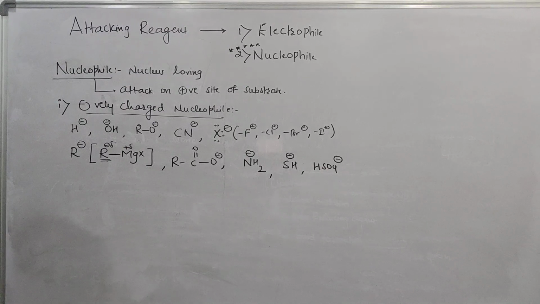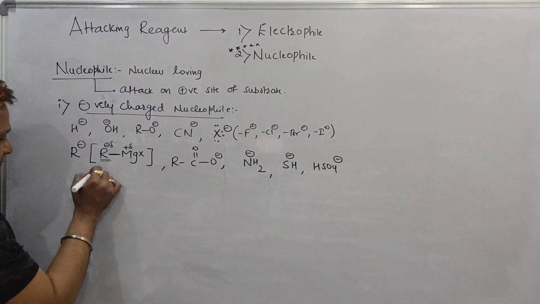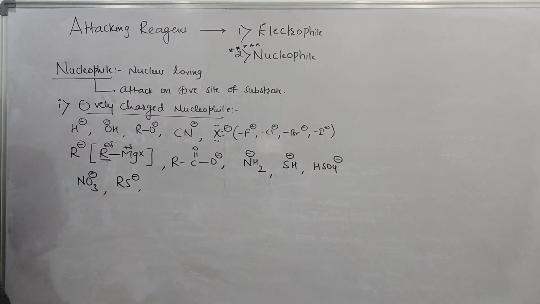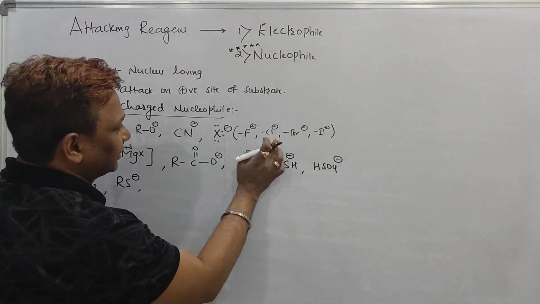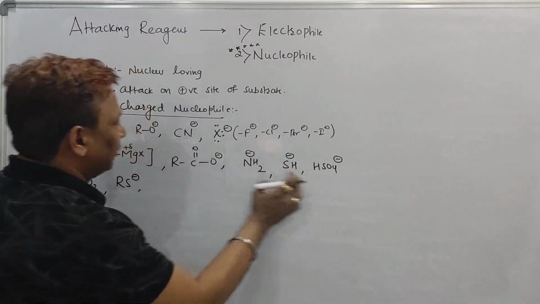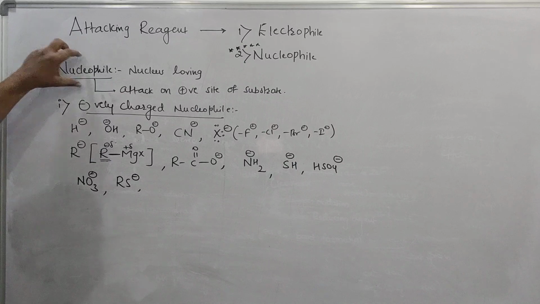Even beta, RS negative, NO3 minus. They all act as nucleophiles because these species have a negative charge and so have excess electrons. They all have a tendency to donate a lone pair and hence they act as nucleophiles.